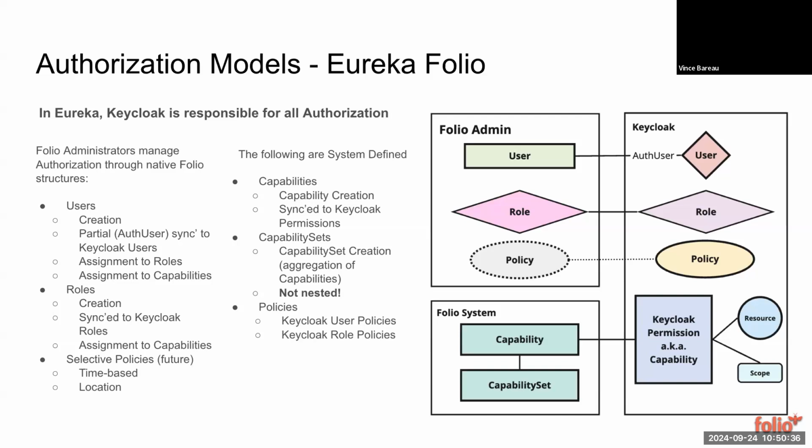Essentially, capabilities are defined by the modules you install, the applications that you install. So there's really no need for anybody to start defining new ones. They simply represent what the system can do, and this is done at deployment. So it's one less thing that the administrator needs to worry about. And obviously the capabilities map to the Keycloak permission, because that's what capabilities really are. They grant you the resource and the scope.